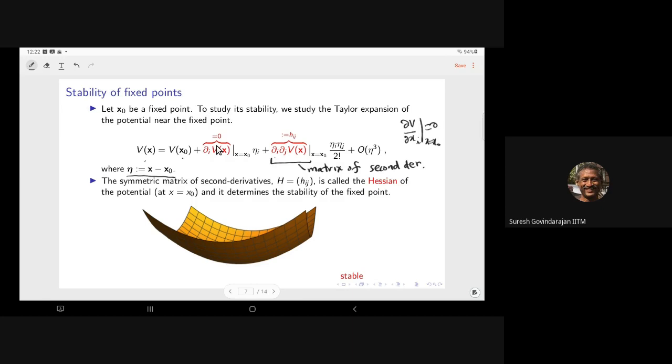We'll call this Hij. And this matrix is called the Hessian of the potential at x equal to x naught. And the stability of this fixed point is determined by studying properties of this matrix. So for 2 dimensions, it will be a 2 by 2 matrix. Okay, so I'll pause here for questions.